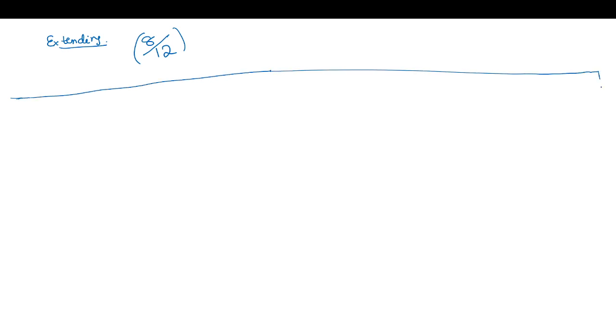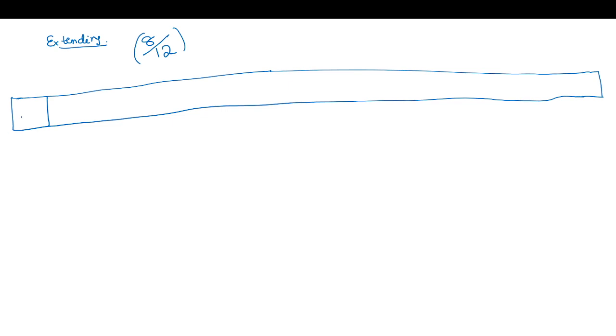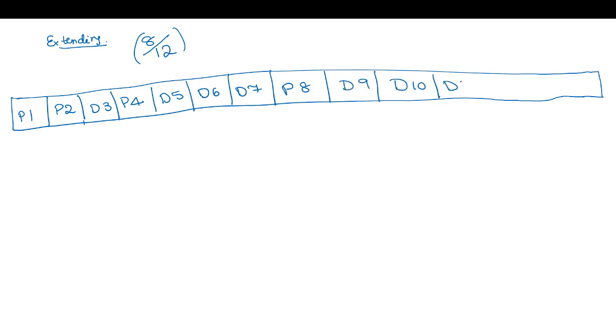So if I consider till 12 bits, this bit will be parity, then this will be parity, then D3, P4, D5, D6, D7, P8, D9, D10, D11 and D12.